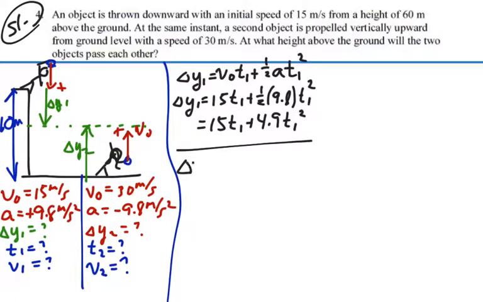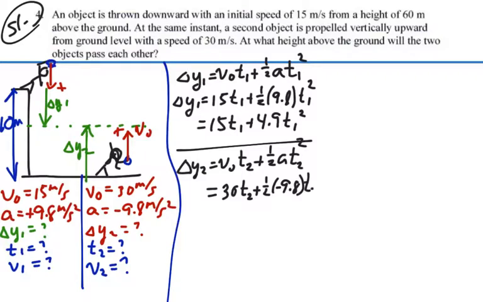We also have that delta y2 is equal to our initial velocity for that one times t2 plus 1/2 acceleration t2 squared. Always nice to start off with your algebraic equation first. This is going to be 30 t2 plus 1/2 times a negative 9.8 t2 squared. And this would be 30 t2 minus 4.9 t2 squared.